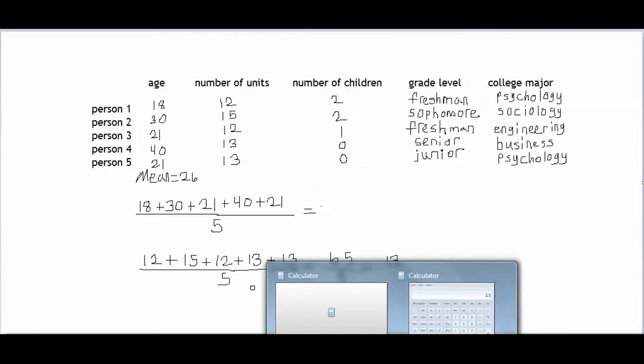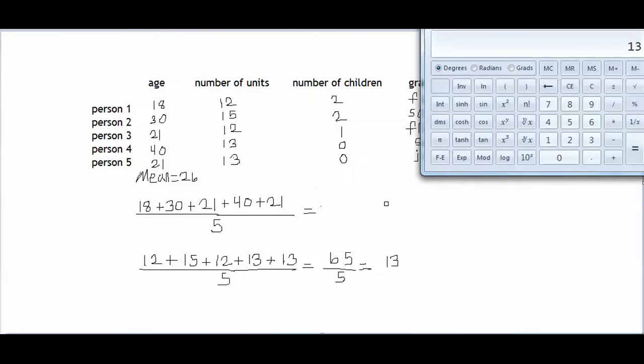We added up all 5 numbers. We got our total of 130.